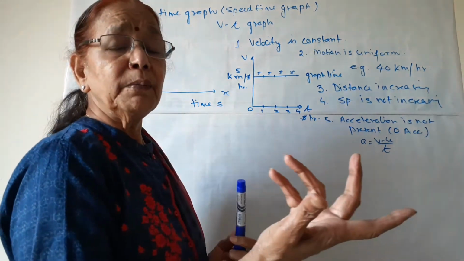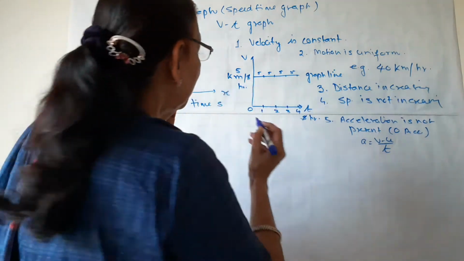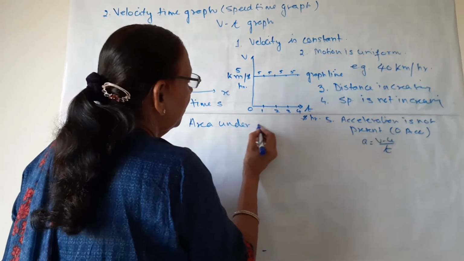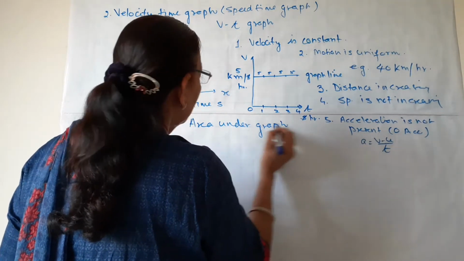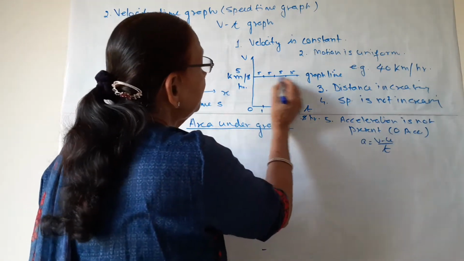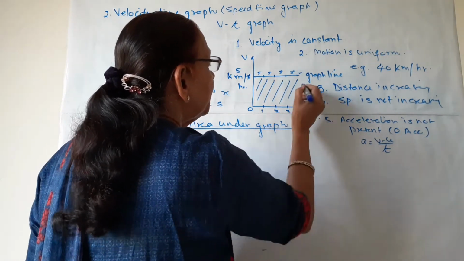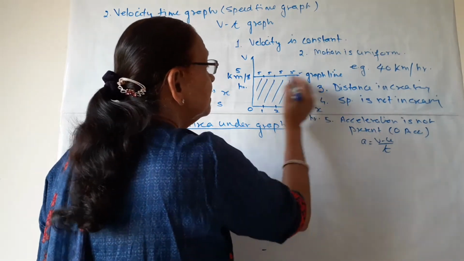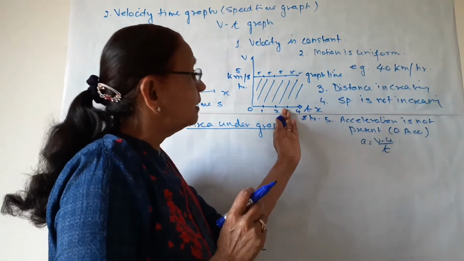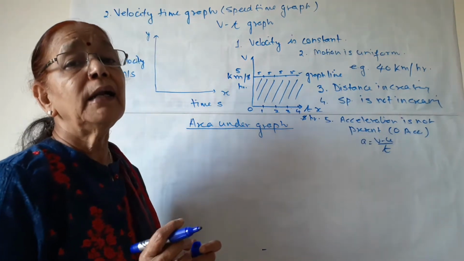Now a term comes into picture with this type of graph, and that term is known as area under graph. What is this area under graph? The graph is this line, and the area below this graph line up to the x-axis is known as area under graph.